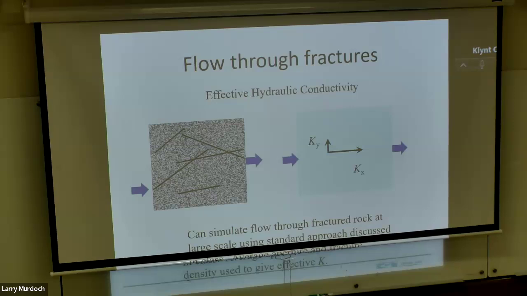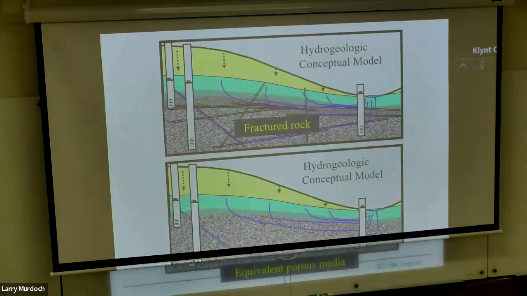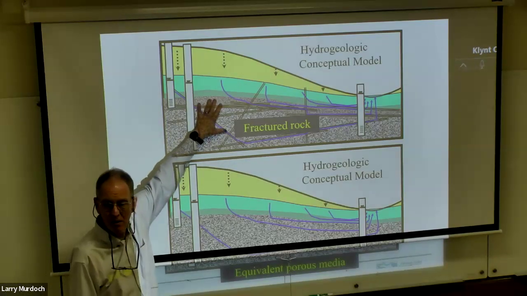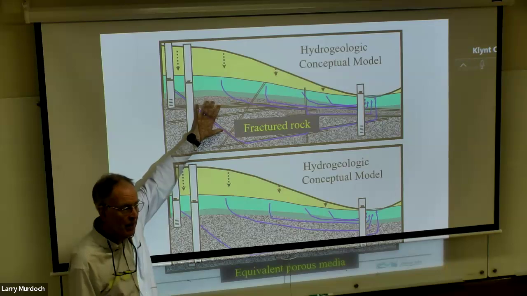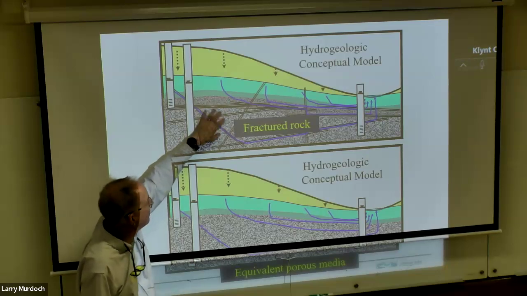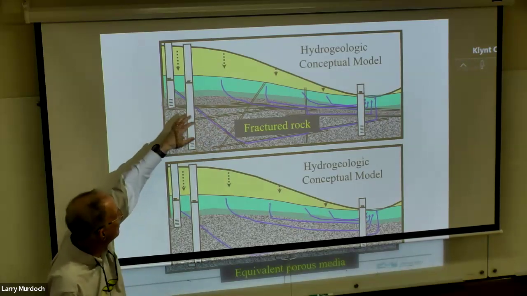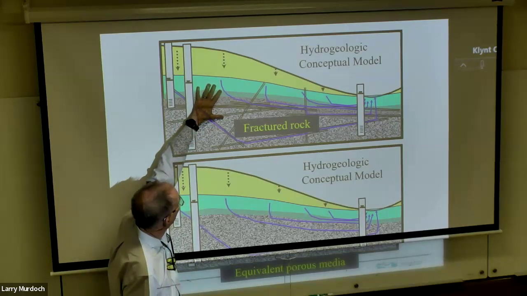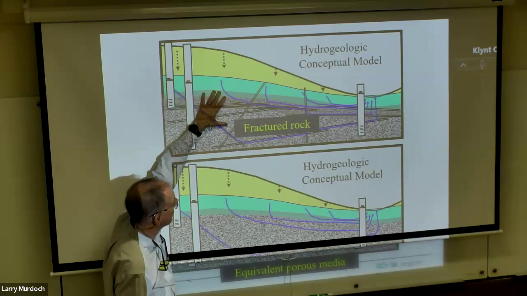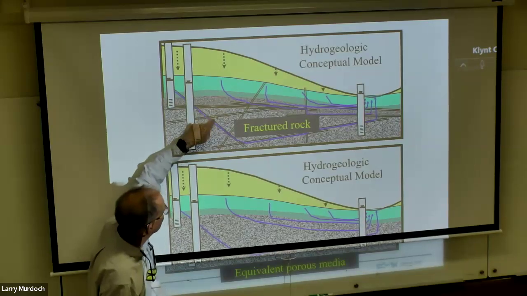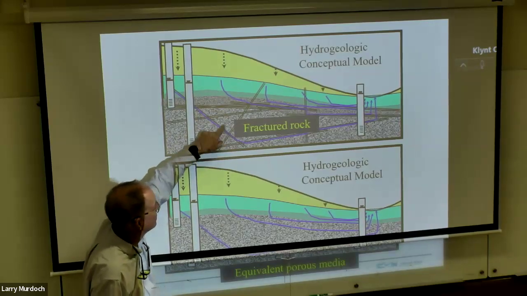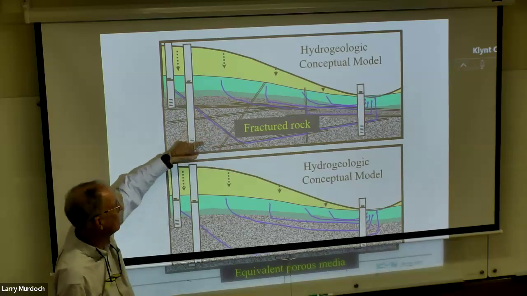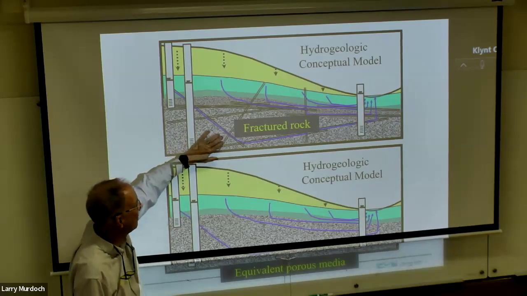So the important thing here is that this is the conceptual model that we saw. We drew something like this. We had these fractures down here. Drew it yesterday or last time. And then if we wanted to simulate this, we're not gonna represent each one of these fractures generally. A lot of times you don't really know where they are.